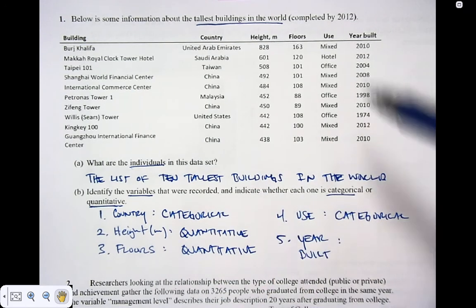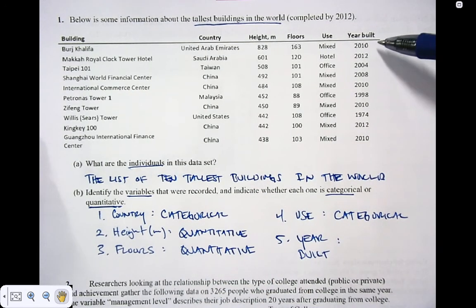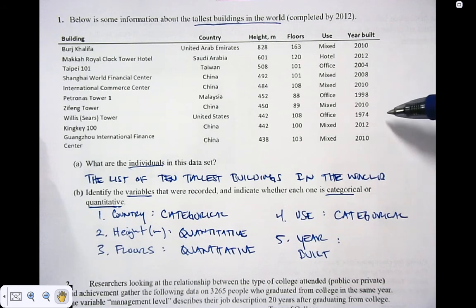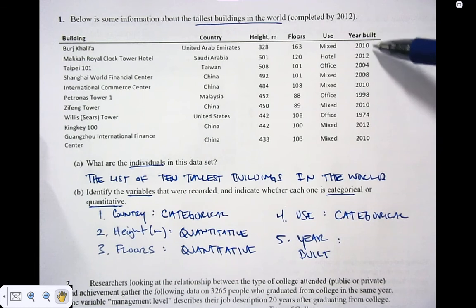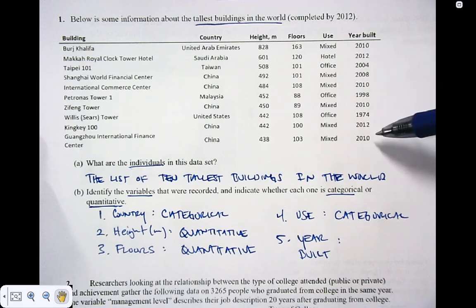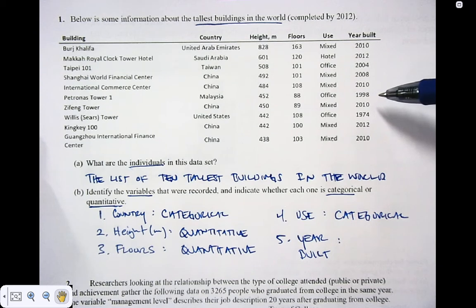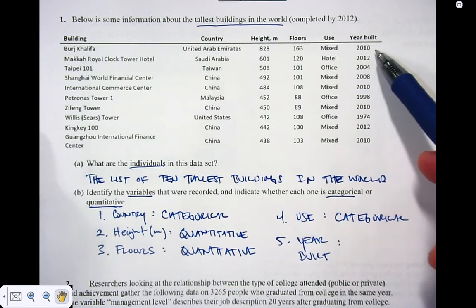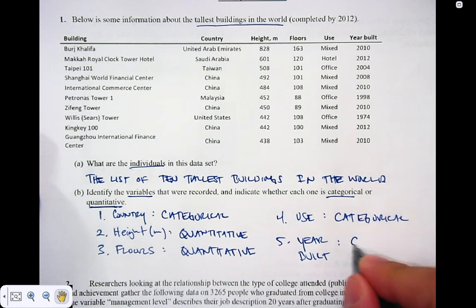The year, these look like numbers, but it does not make sense to find an average year built. You might argue with me on that one, but I think that categorical would be more in place here. I mean, if it was like years old, something like that, it might make more sense. But as far as just the year built, I'm going with categorical.